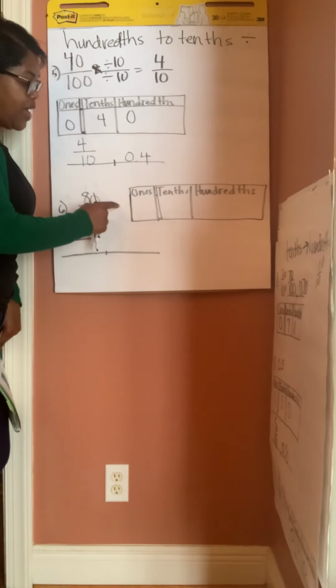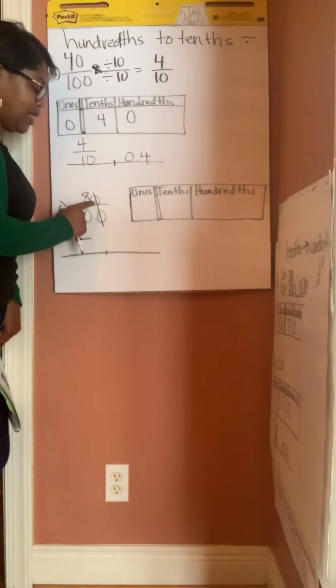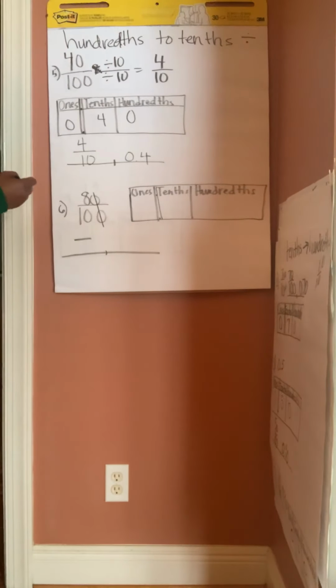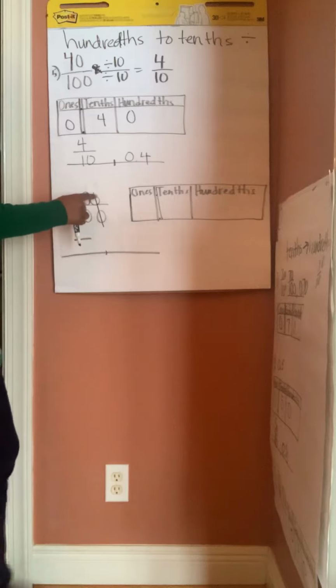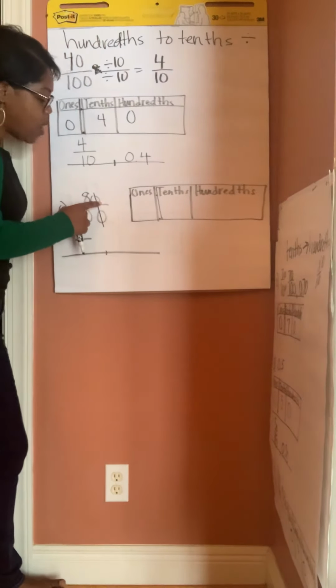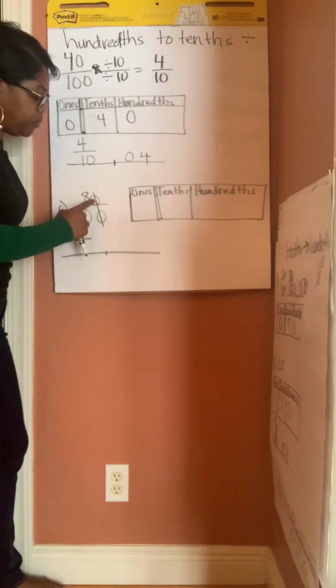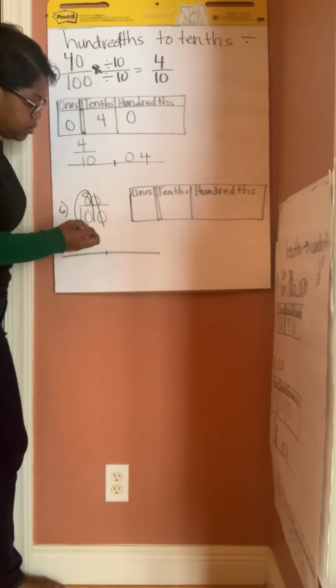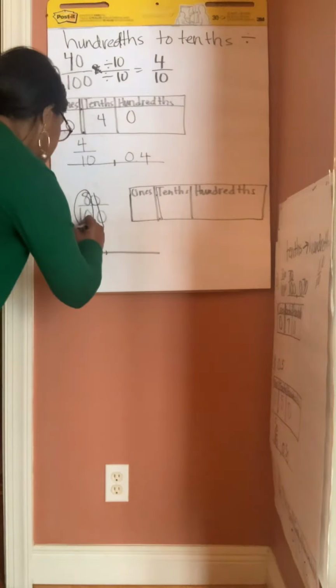Instead, we're actually going to divide by 10 over 10, but we're going to do it mentally. And we're going to represent that we did it by getting rid of these zeros. Okay? So 80 hundredths, which is number 6. What I just did was, in my head, because I can do that, I divided by 10 over 10, and I ended up with, you see it right here, 8 tenths.